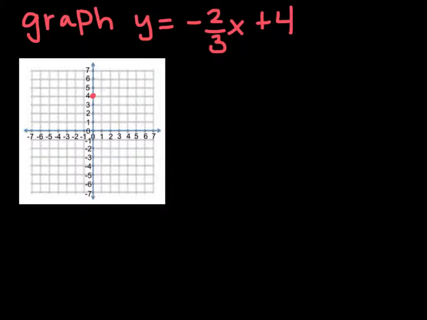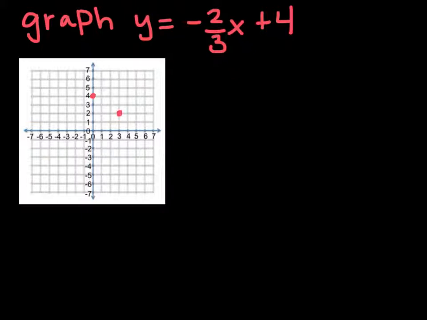So we can begin with our point at 0, 4, and we can plot another point by moving down 2 units, a rise of negative 2, and over 3 units, a run of 3, which takes us to 3, 2.